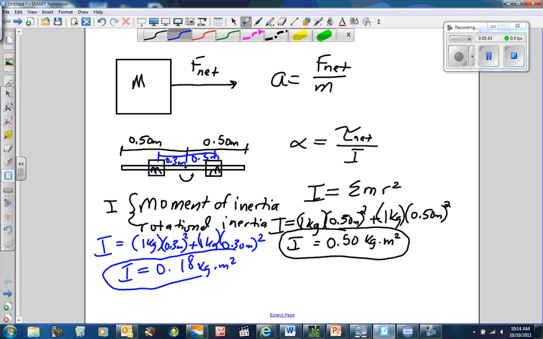That number's smaller than the original number, the 0.5. That means if I move these masses closer to the middle, it becomes easier to accelerate it with the same amount of torque. Just like if this mass gets smaller, it becomes easier to accelerate it in a linear fashion with the same net force. So that's moment of inertia and how it affects the angular acceleration of a rotating object.